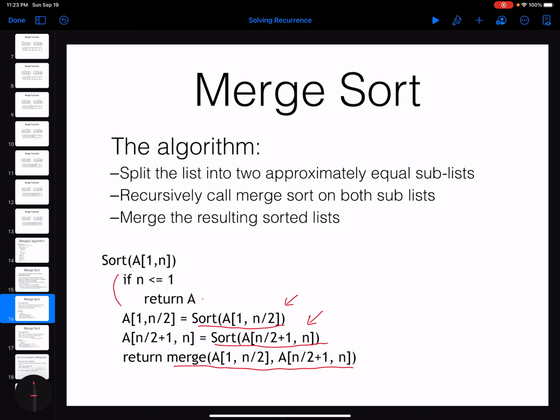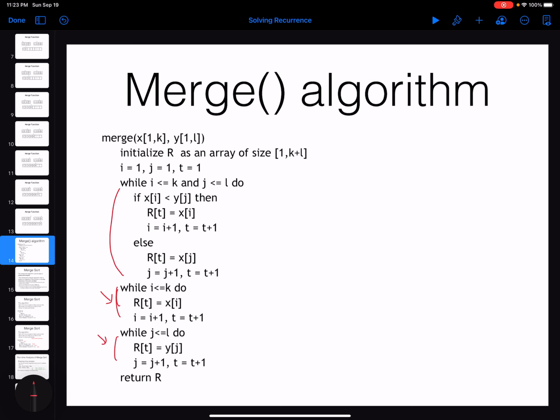You know that I'm not talking about the details of the implementation. So what we are interested in for the rest of the video is to see how we can analyze the time complexity of algorithms like merge sort, algorithms that work based on a recursive idea. In this algorithm, it's not as easy as, for example, the merge function. In the merge function, every computation is clear.